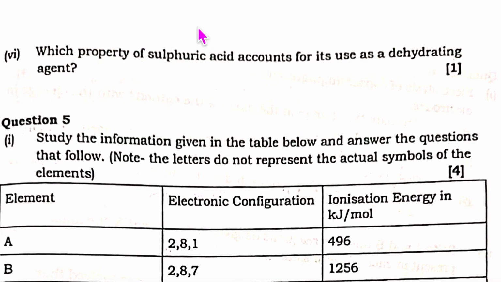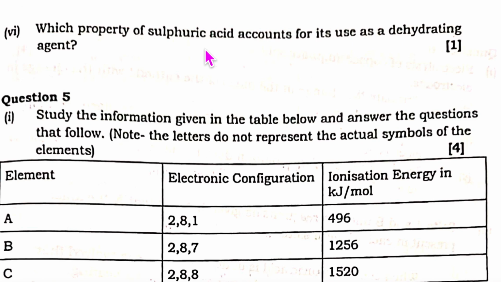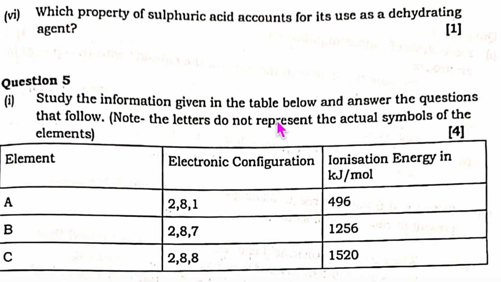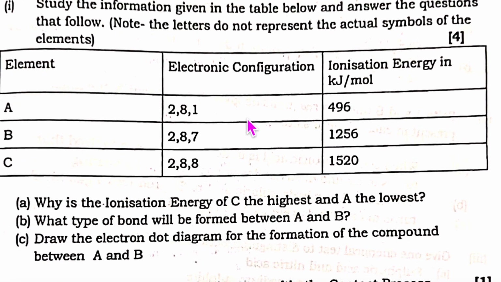Which property of sulfuric acid accounts for this thing? Because it has strong affinity for elements of water, that is H and O, correct or no? And it removes the elements in the ratio 2:1 from the chemical combination. Now here also they are telling you electronic configuration 2,8,1, 2,8,7, 2,8,8.